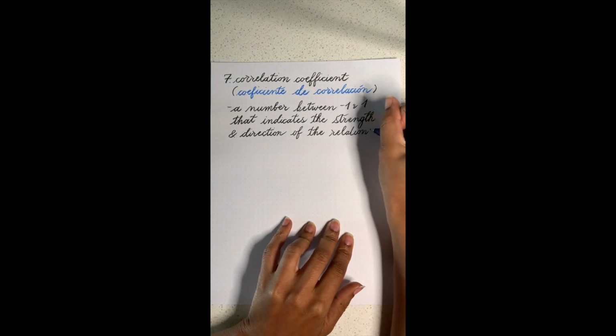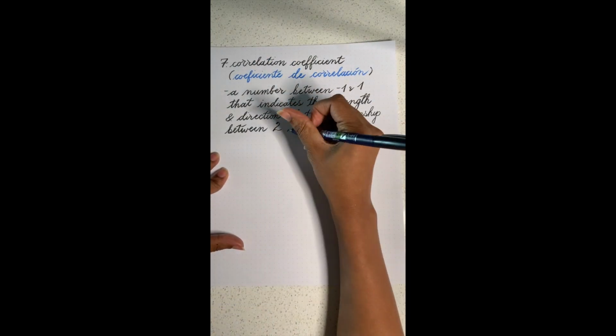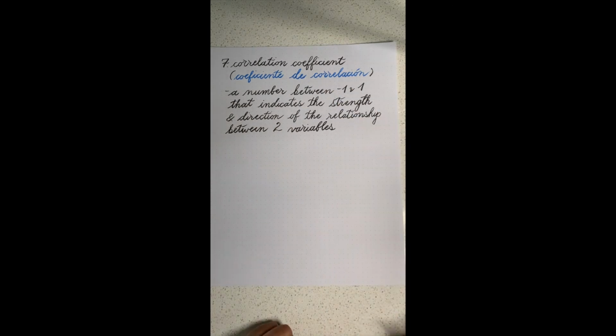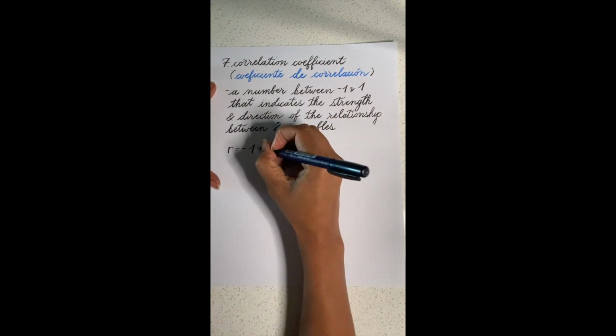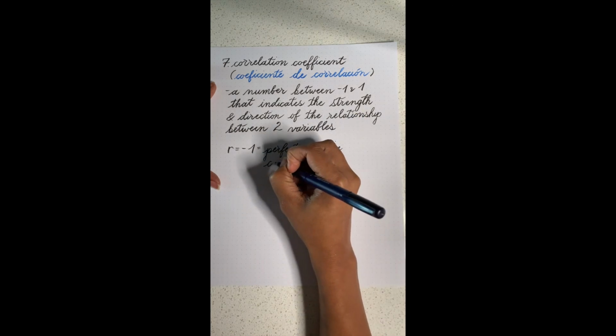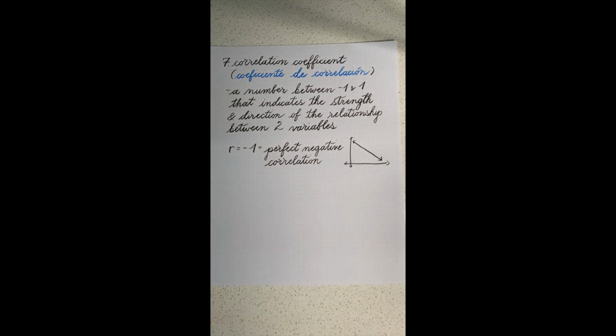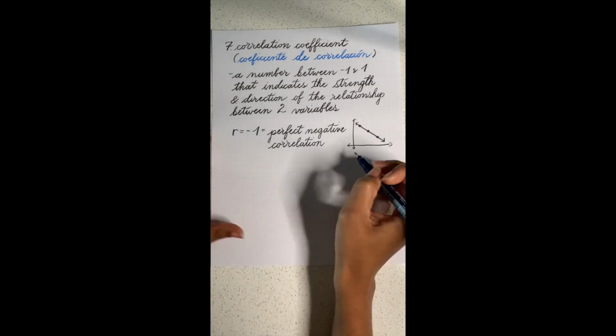So if it's -1 or 1, then it's going to be a perfect correlation. That means the points have to be exactly on the line. We have to make a perfect line. Pues si es el uno positivo o uno negativo, tiene que ser una línea derecha perfecta hecha por los puntos.